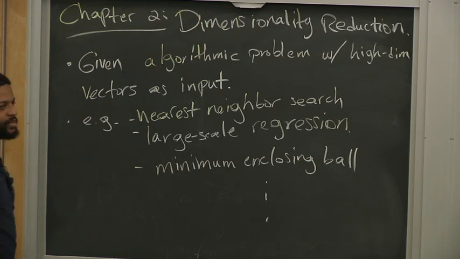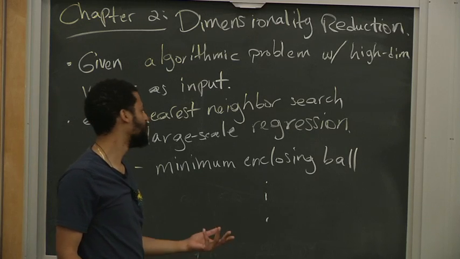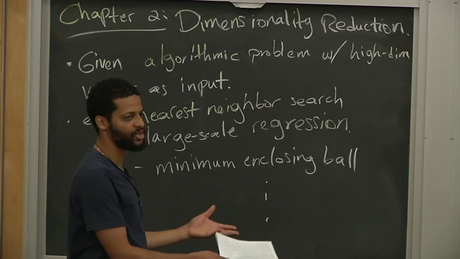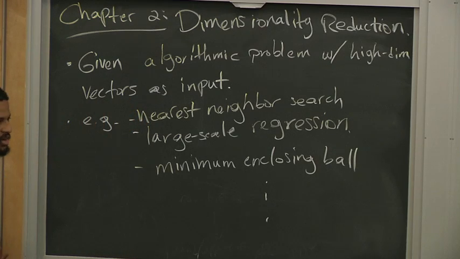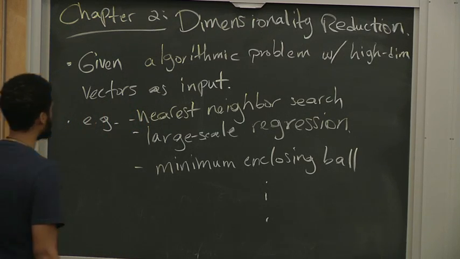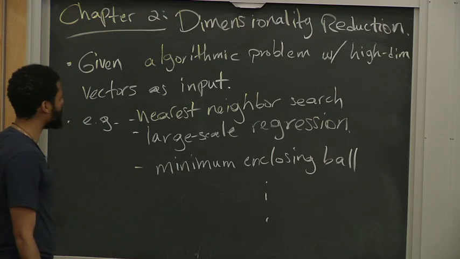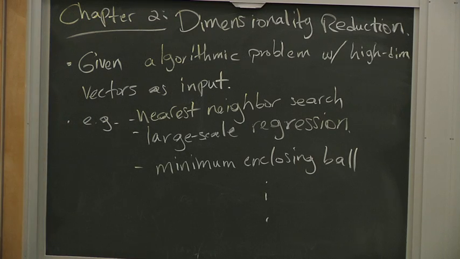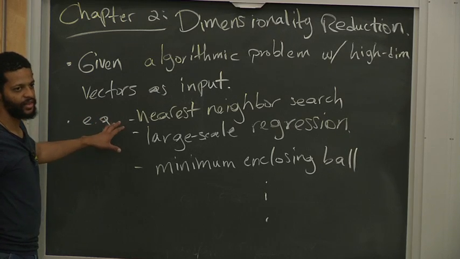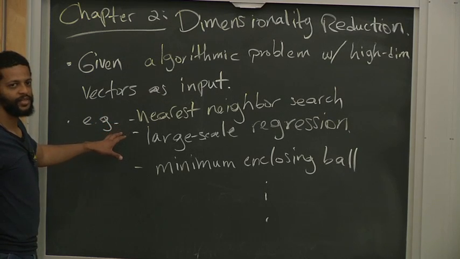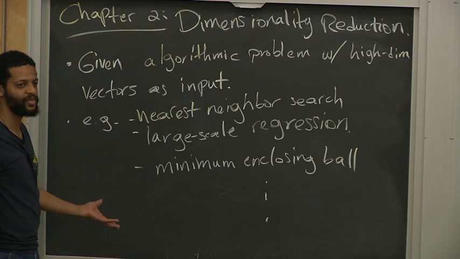We'll see clustering problems where you're given lots of data and you want to cluster the data based on some kind of similarity metric. So we'll see various problems, but the motivation for dimensionality reduction is quite simple. As you might imagine, if you're given an instance of one of these problems, the higher the dimension is, the harder it is to solve the problem.